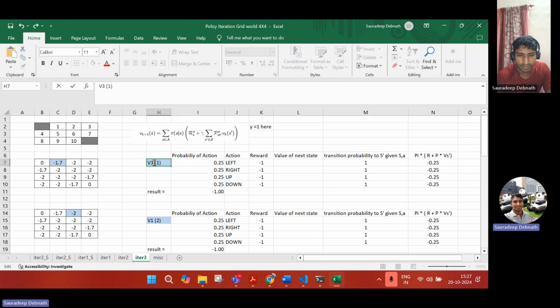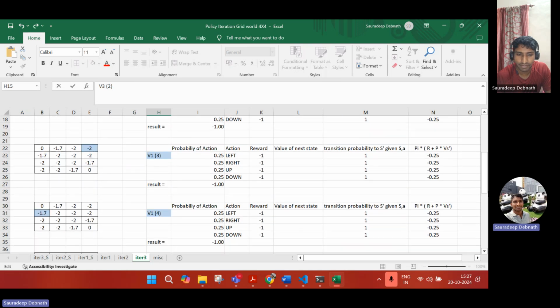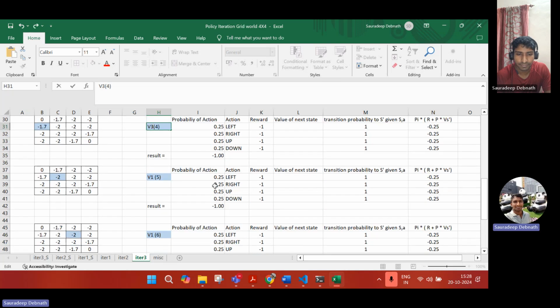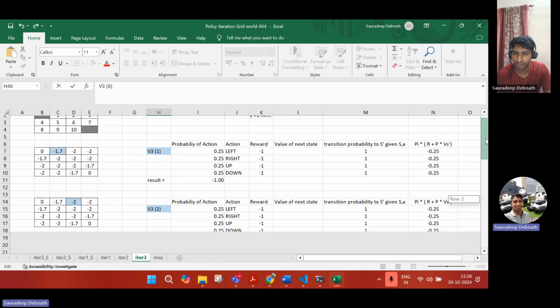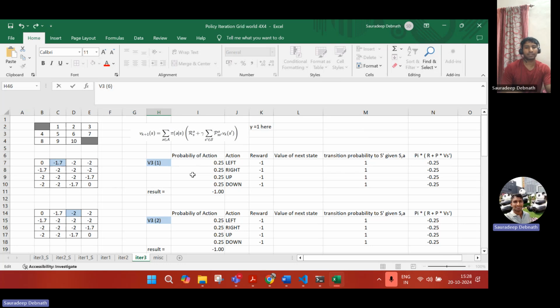This is iteration 3 of state 3, iteration 3 of cell 4, iteration 3. Yeah, now that the notation is corrected, this is pretty much the same process.